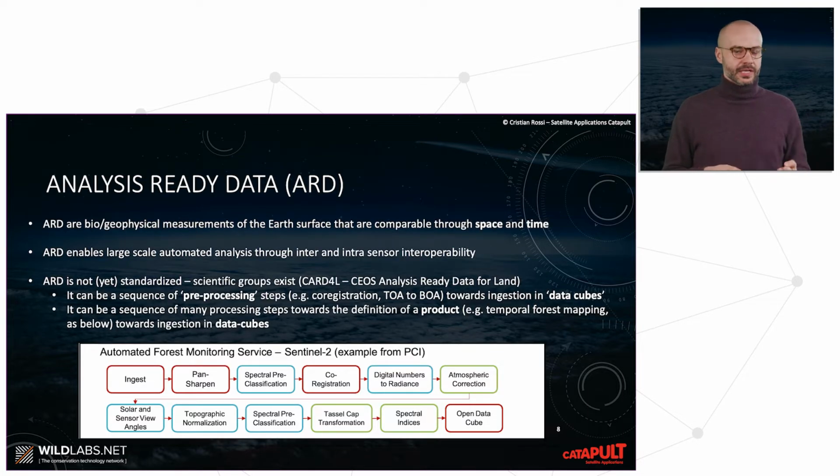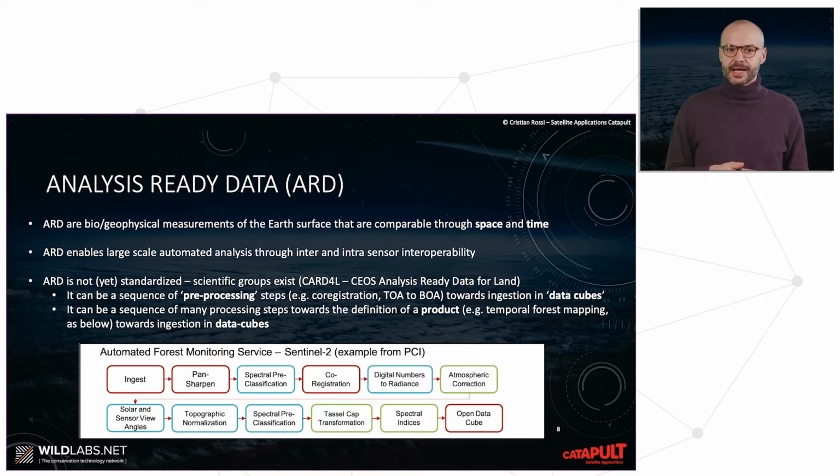I mentioned in a previous video about ARD, analysis ready data. Let's have a look here a bit more in detail, because some of those platforms actually mention specifically analysis ready data. Analysis ready data are biogeophysical measurements on Earth that are comparable through space and time. So they're usually built in data cubes, and every point in the cube corresponds to a specific geographical location consistently.